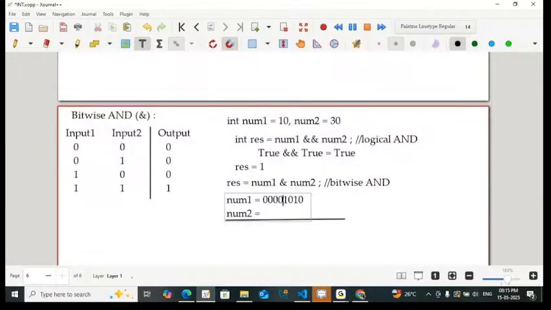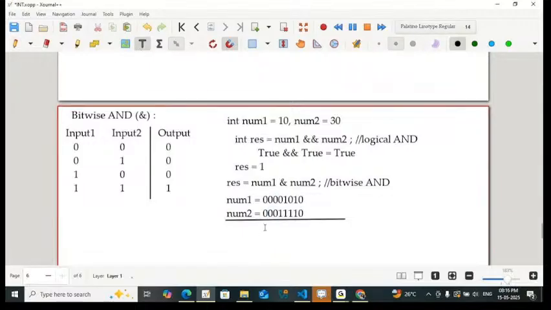Then 30 in binary is 00011110. So it is 16 plus 8 is 24 plus 6 is 30. Okay. This is 30 represented in binary. This is 10 represented in binary. Now I have to perform bitwise AND.